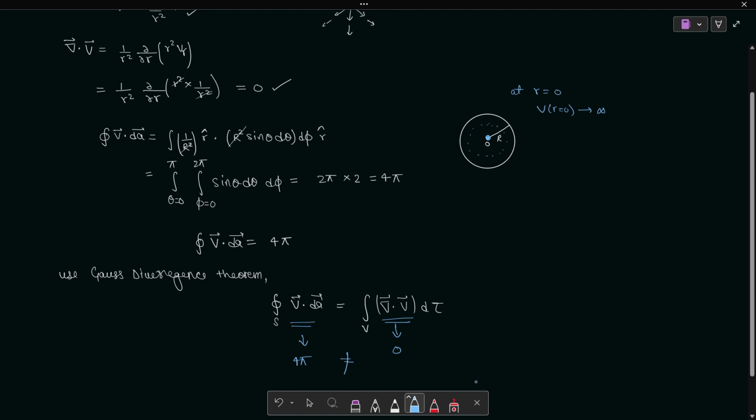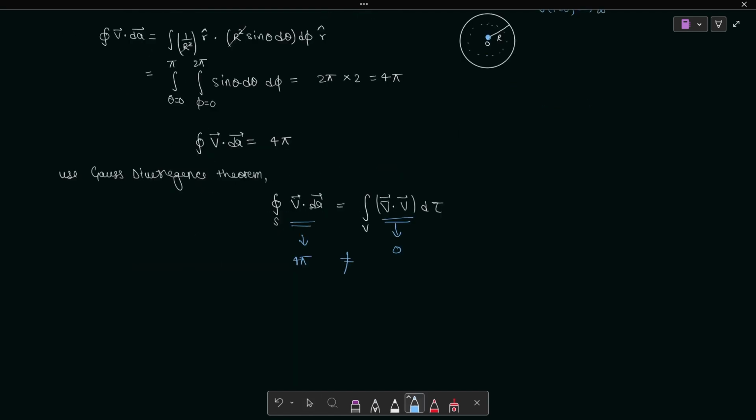The vector field will be such that the surface integral of that vector field over any surface, this surface is arbitrary, so an arbitrary sphere of any radius r, this total integral should be 4 pi, and this divergence of v should be such that it is 0 at every other point, but not at this exact position.